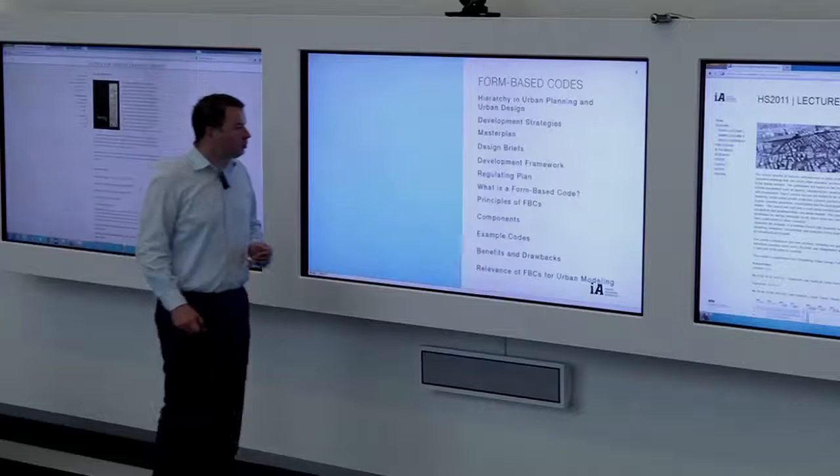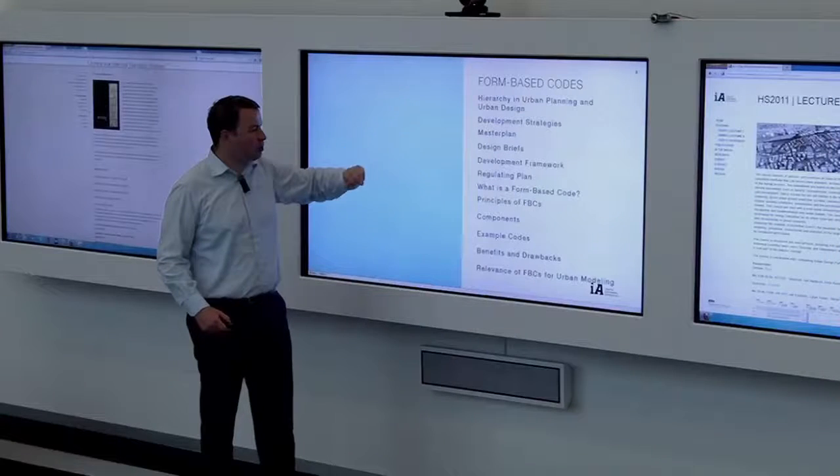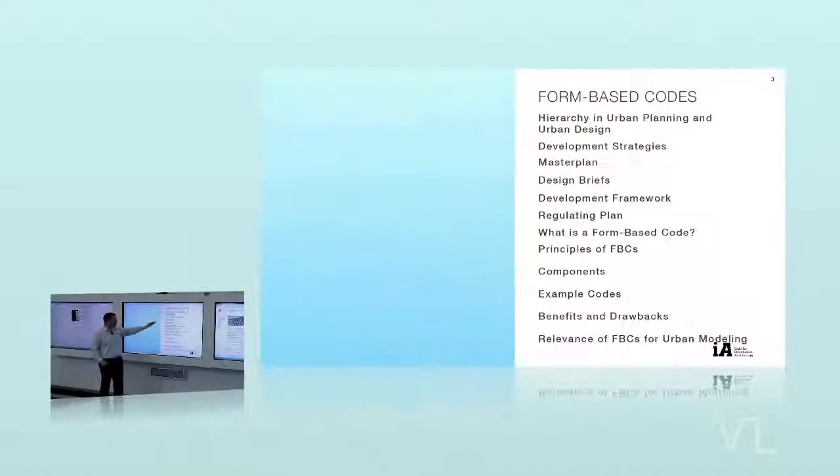So, form-based code. Somehow the text looks a bit funny. We will talk shortly about the hierarchy in urban planning and urban design. What are development strategies? This is something I guess you already know: master plan, design briefs, development frameworks. Then we come maybe to something new for you, the so-called regulating plan and the form-based code, the principle of form-based code, and then we will show some examples, even if they are not called form-based code.